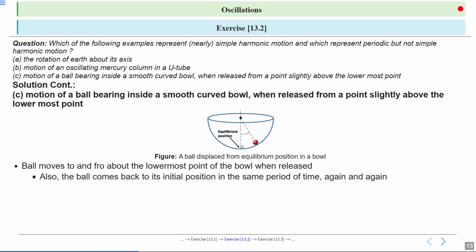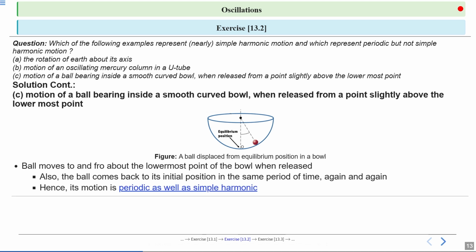Also, the ball comes back to its initial position in the same period of time again and again. This regular repetition is what we call periodic motion. The time taken for one complete cycle is called the period, and it's constant for small displacements. Hence, its motion is periodic as well as simple harmonic.